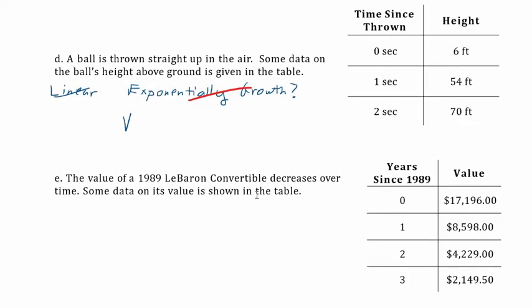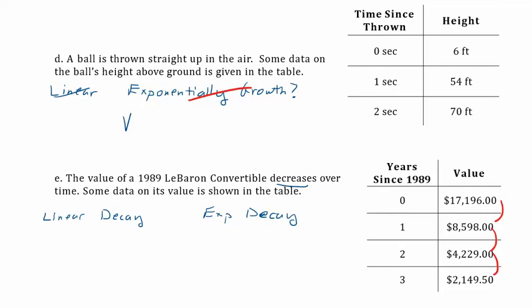Last one, E. The value of a 1989 LeBaron convertible decreases over time. Some data on its value is shown in the table. So we got this keyword of decrease, so we really need to look for if it's linear decay, or maybe exponential decay. Okay, so let's check for linear first. That's easiest. We just have to subtract these numbers and see if it's a constant.